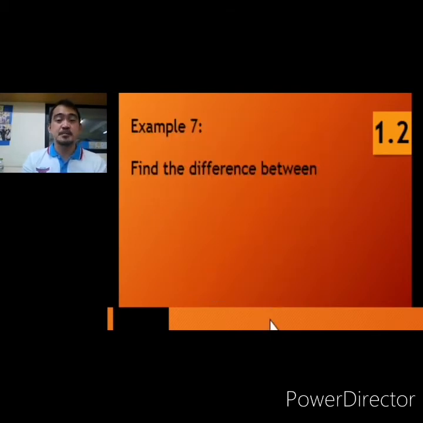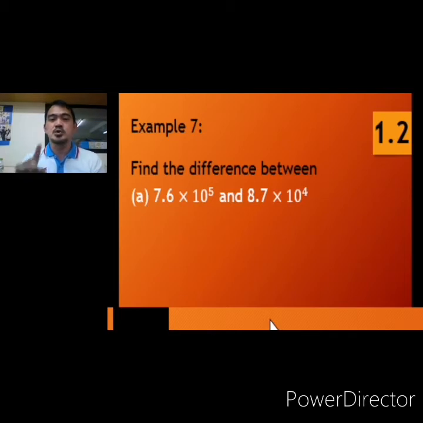Let's take this example number 7. Find the difference between 7.6 times 10 raised to 5 and 8.7 times 10 raised to 4. Look at the power of your base 10. They have different powers. Okay? 7.6 has a power of 5 and 8.7 has a power of 4.